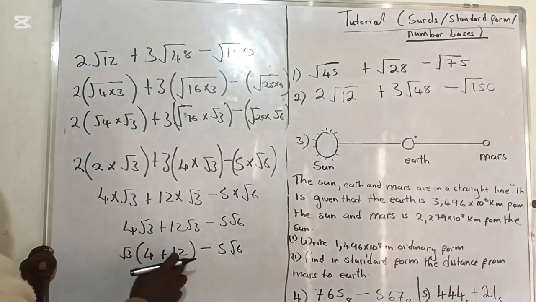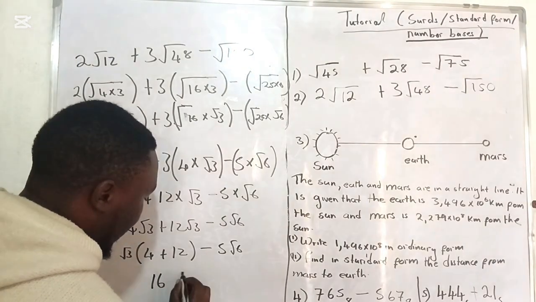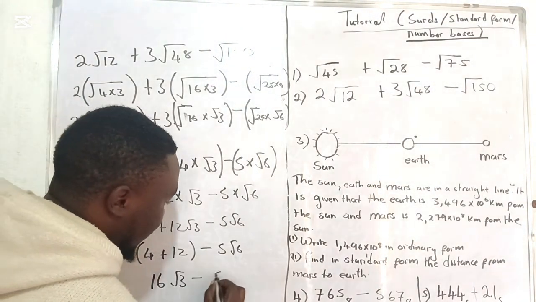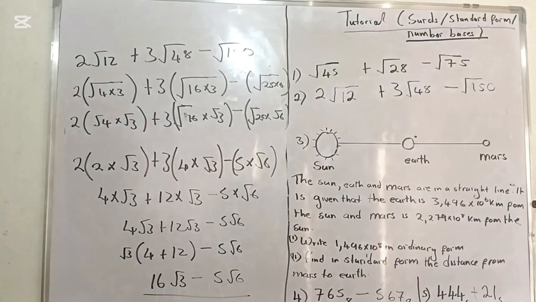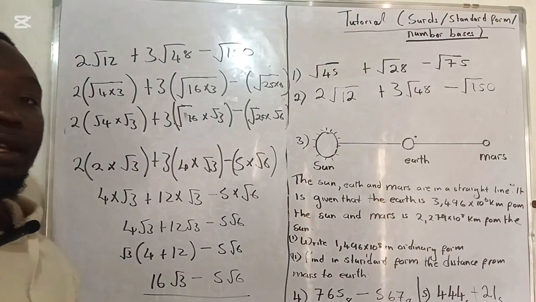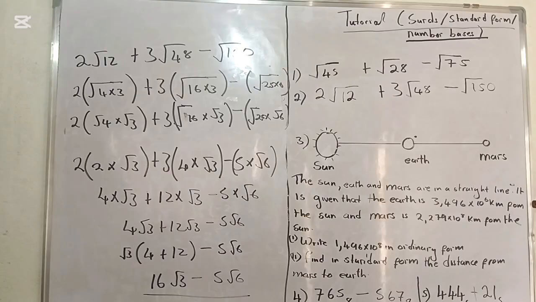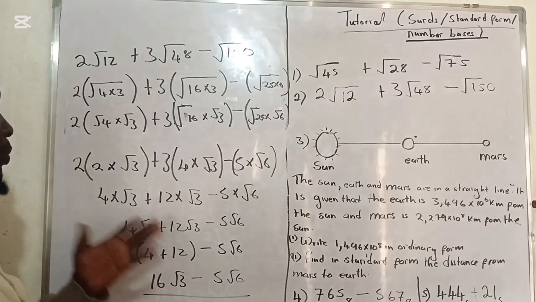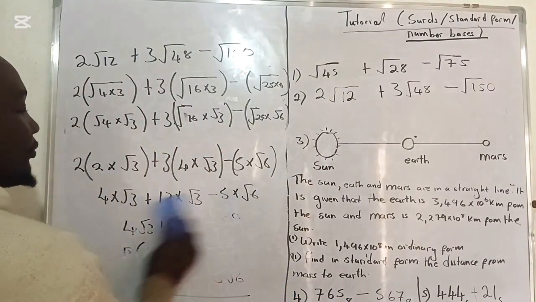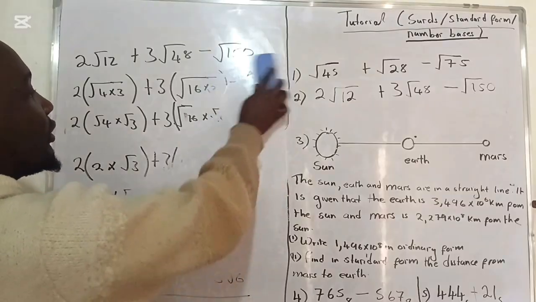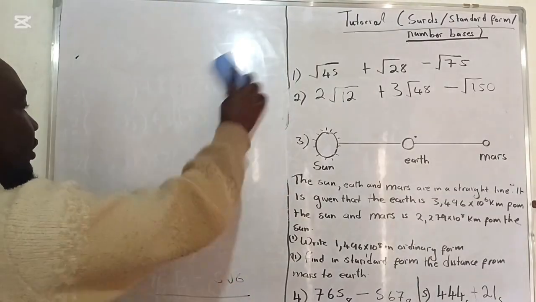So 4 plus 12, that's going to be 16 root 3 minus 5 root 6. This is going to be our answer. So make sure that when you are doing these sums, you do not make arithmetic mistakes. Make sure that you follow the logic. Let's move on to the next question.